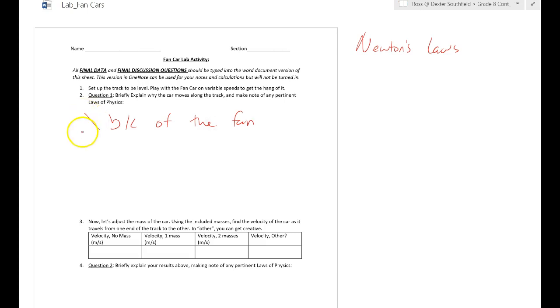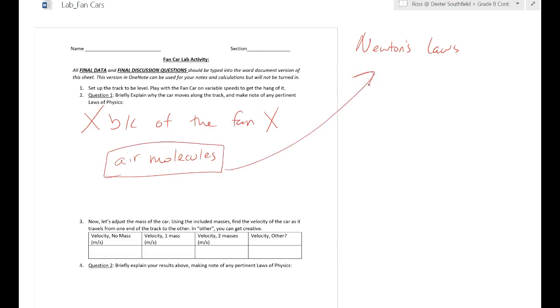So you don't want to just say that, right? I'm going to put an X on both sides of that because, sure, that is the impetus. That's the reason that it starts moving. We want to actually explain the science behind it. So something that I'm going to call your attention to again and again in these questions are the air molecules. So think about what's happening with the air molecules, and again, relate it back to Newton's laws. We want to always be explaining the science.